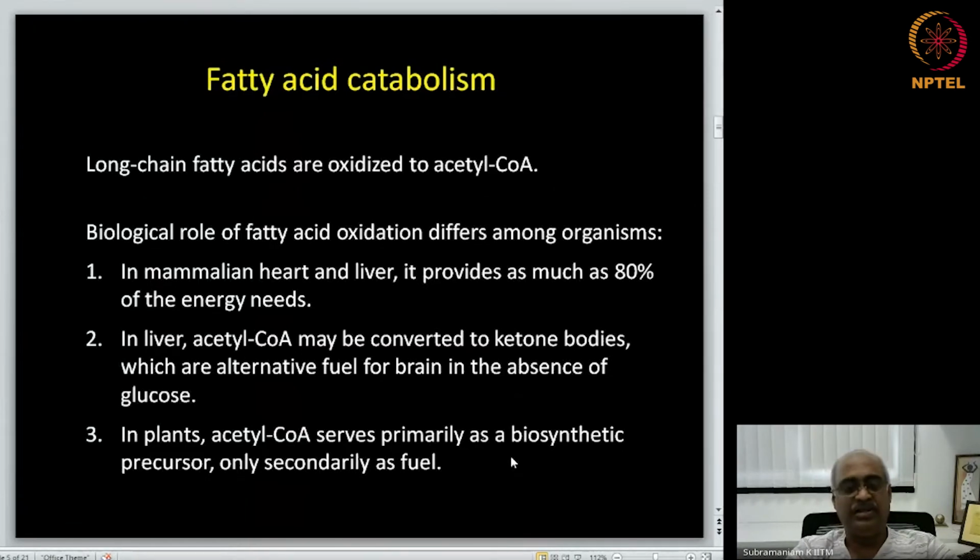So ketone bodies are acetone, acetoacetate, and beta-hydroxybutyrate. We are not going to learn about how they are formed, except that you need to remember these 3 molecules are produced as a product of fatty acid metabolism.